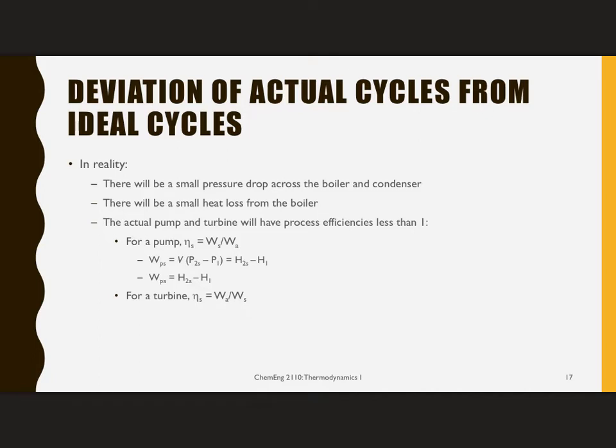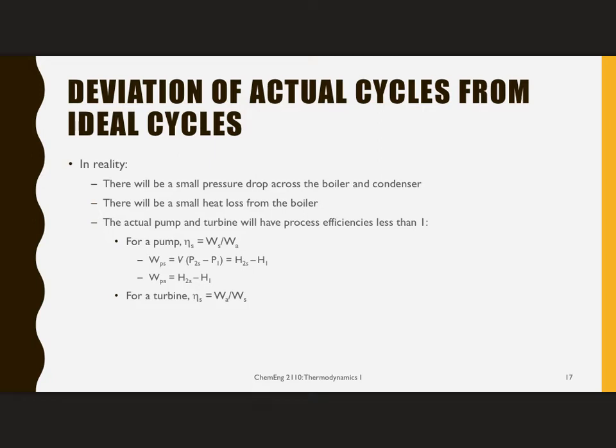First of all, we're saying that everything is isobaric, constant pressure, and the reality is there are frictional losses that will result in small pressure drops across the boiler and the condenser. As far as this thermodynamic analysis goes, including those makes almost no difference, and it will have very little additional work required in the pump, but in fact, you will have some pressure drop across the boiler and across the condenser.